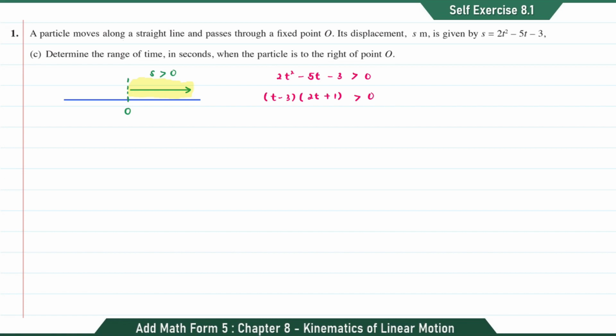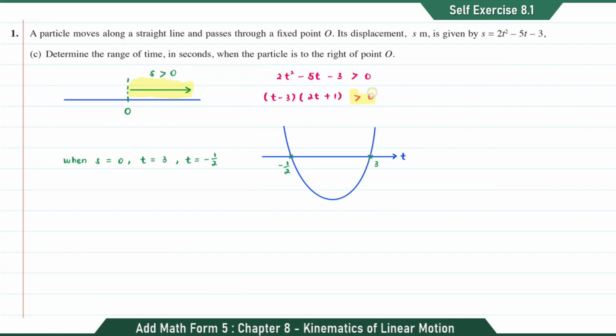So now using the graph method, based on the factorization, when s is equal to 0, the value of t is equal to positive 3 and the other one is negative 1 over 2. So when we label it on the graph, here will be the negative 1 over 2 and here will be the 3.